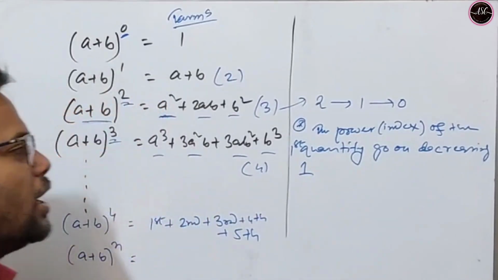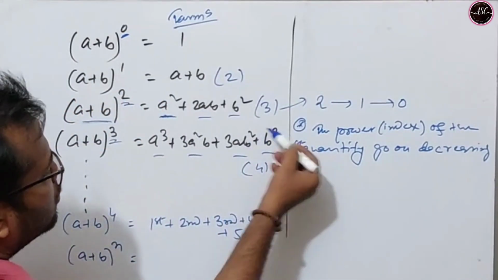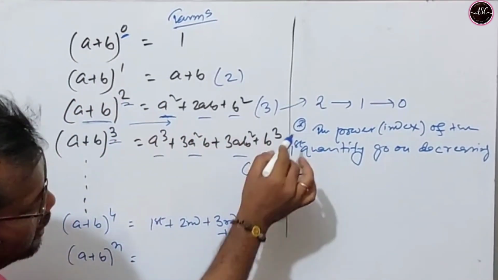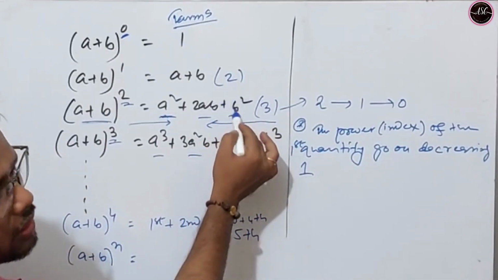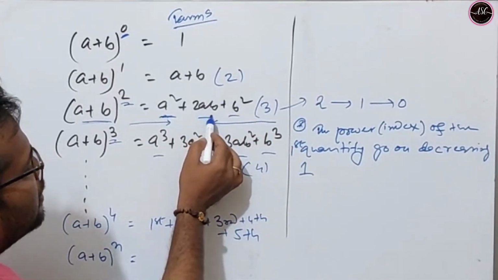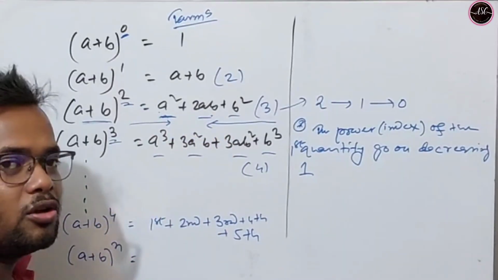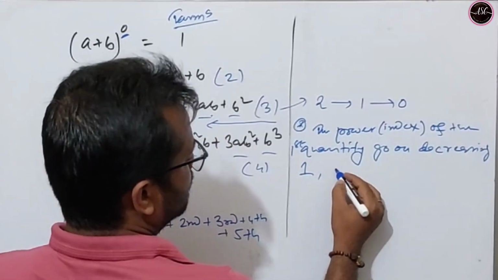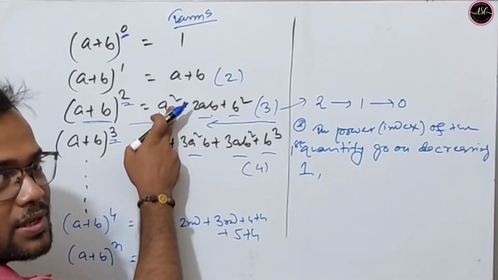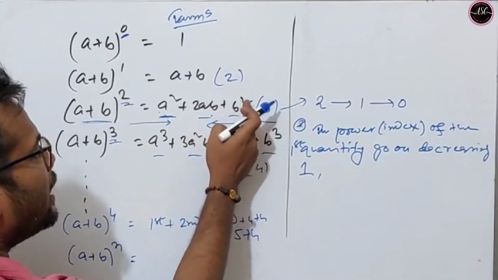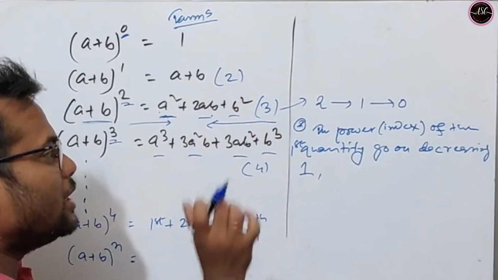Okay, and similarly just look, if we go from here to here, then look here the power of B is 2 and here power of B is 1 and here 0. And also if we go the other way, here the power of B is 0, here power of B is 1 and power of B is 2, that means increasing.